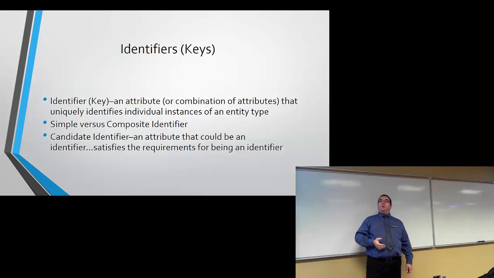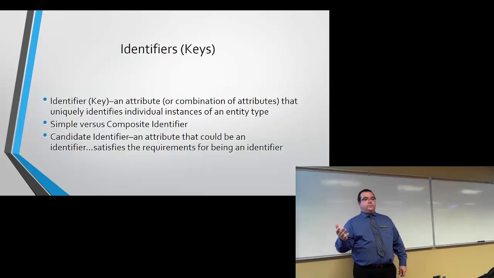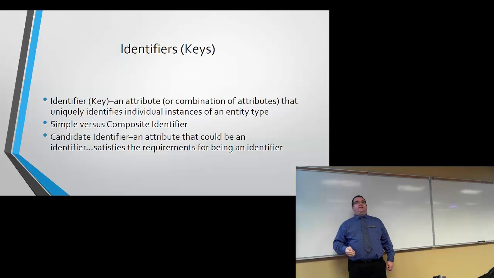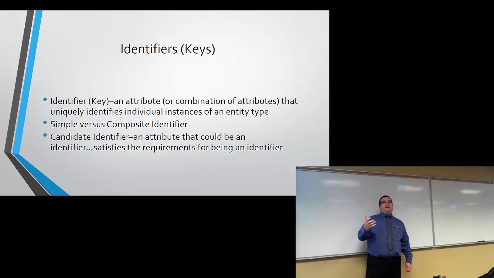Now, there's something else called candidate identifiers. When you first start doing database design and you haven't identified your primary key yet, you look at the data and ask, what in this could be a unique identifier? A person's name could be unique, theoretically. But I know there are several repeated first names in this class.